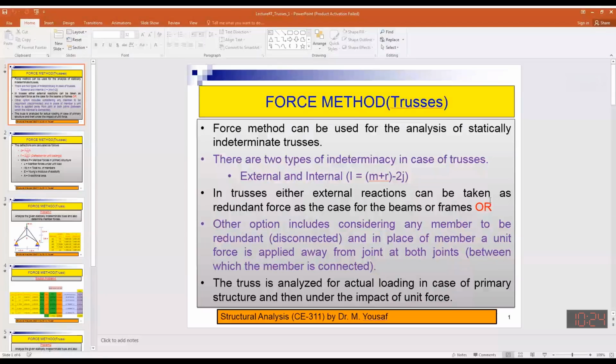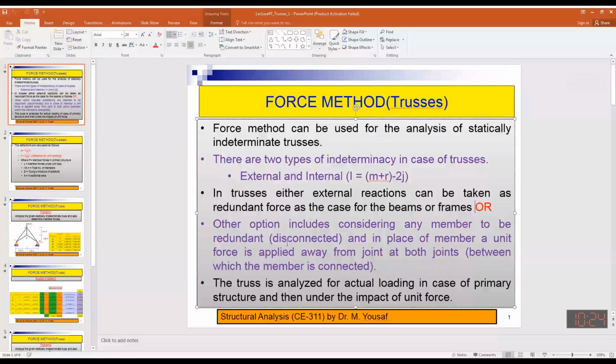will also be addressed, that includes considering any member to be redundant, disconnected. What does it mean? You will assume that any member has been removed, and in place of that you will apply a force, very similar to a redundant force.